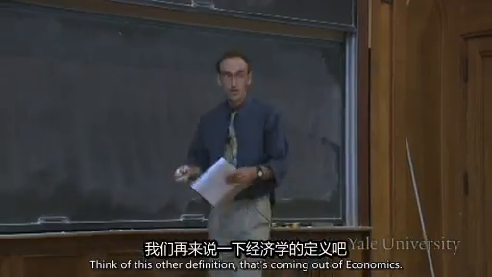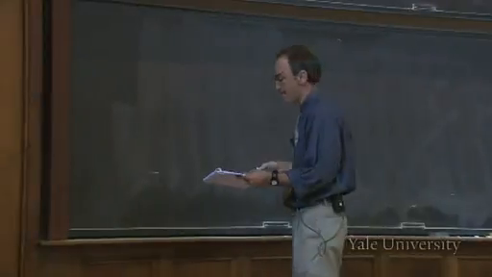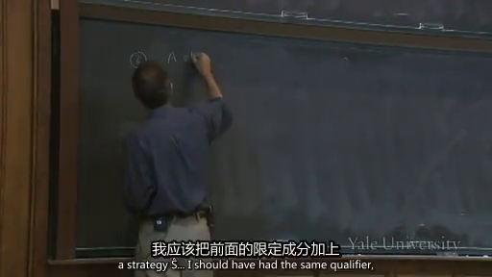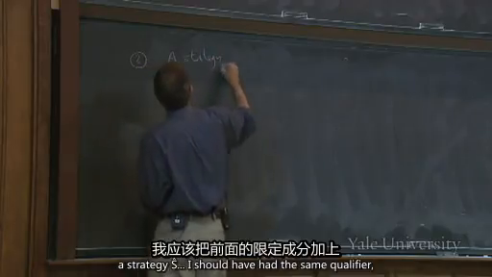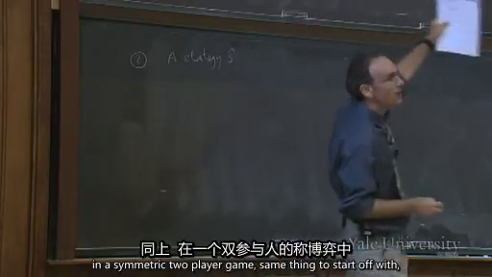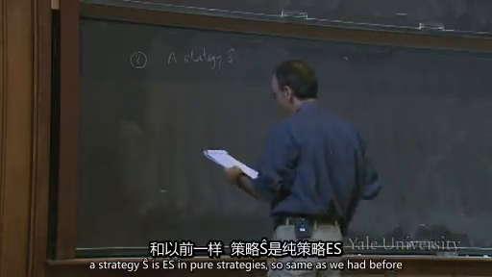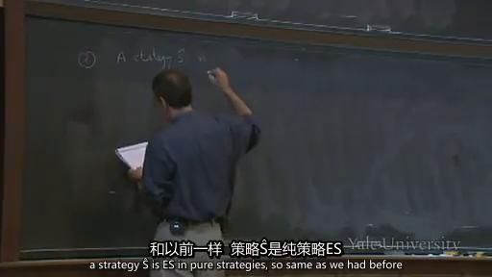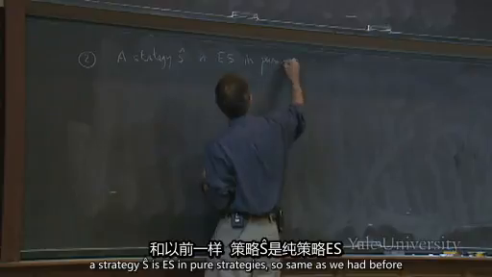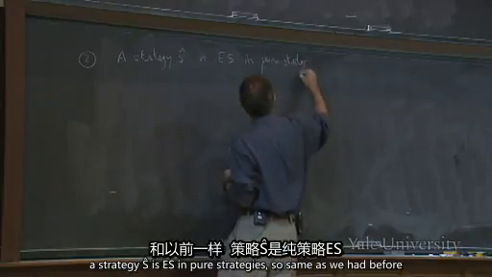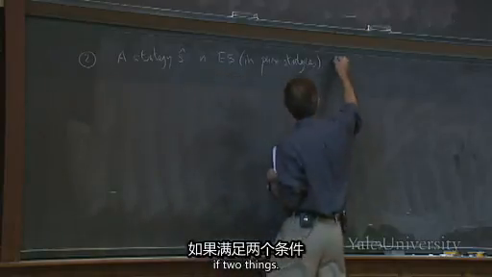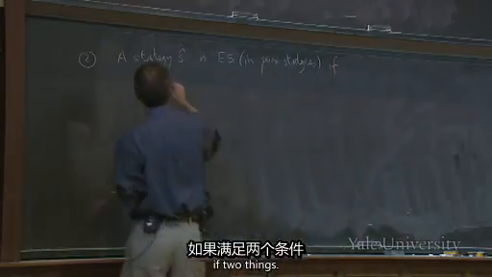And think of this other definition that's coming out of economics. So definition 2. A strategy S hat, oh, I should have the same qualifier, in a symmetric two-player game. Okay, same thing to start off with. A strategy S hat is ESS in pure strategies, so same as we had before, if two things.